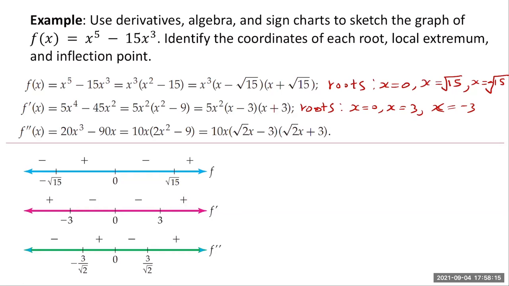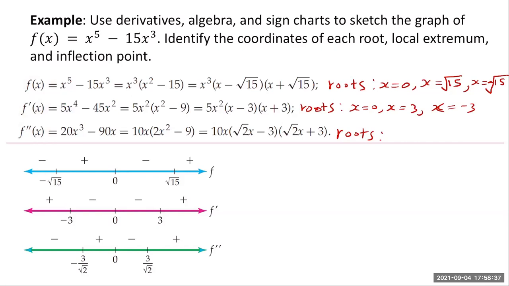Okay, next, I want a sign chart for f double prime. First of all, to construct the sign chart, I need the roots of my f double prime. Notice that in all these three cases, all these are polynomials. Polynomials are continuous everywhere.